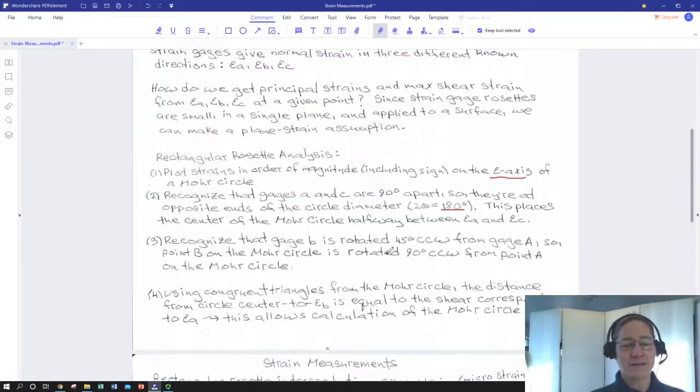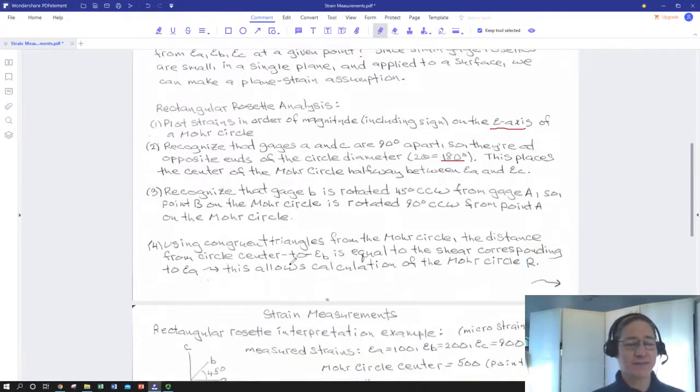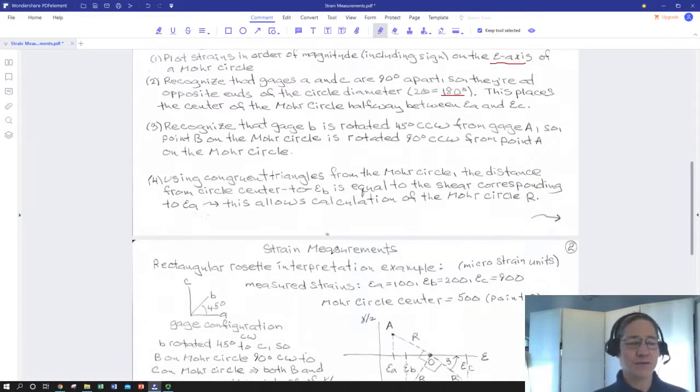So we're going to plot it 90 degrees counterclockwise from A on the Mohr circle, and at that point the value we got for B will determine where we place the point B, and that's what will effectively end up giving us our radius. And once we've done that, we'll use the geometry of congruent triangles to actually get the radius of the Mohr circle, and then we can determine the strain at any orientation on the part at the point where we put the gauge.